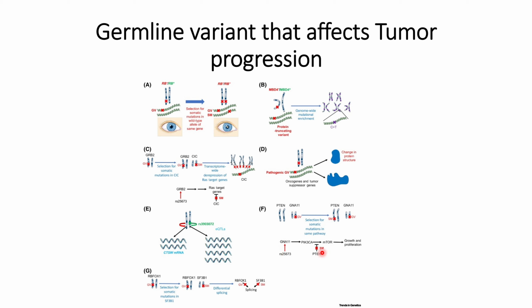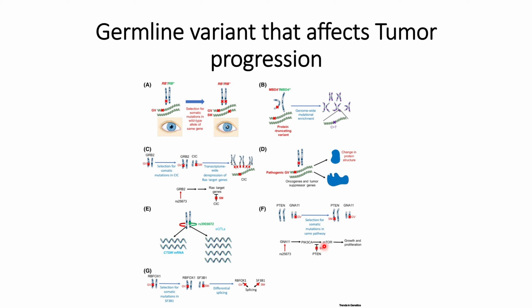This somatic mutation in the P10 gene will act in a way that the mTOR pathway becomes uncontrolled, as the function of the P10 gene is to control the mTOR pathway by inhibiting the PIK3CA gene function.